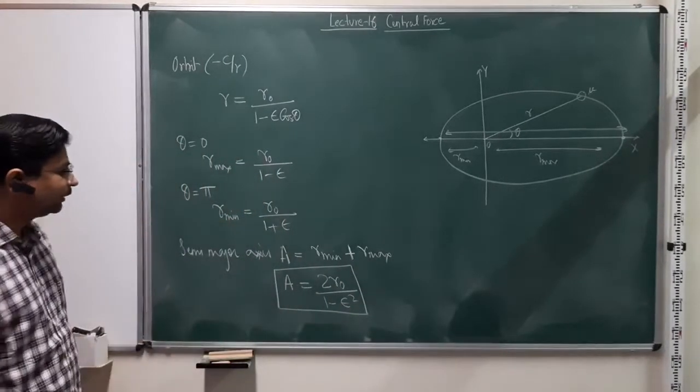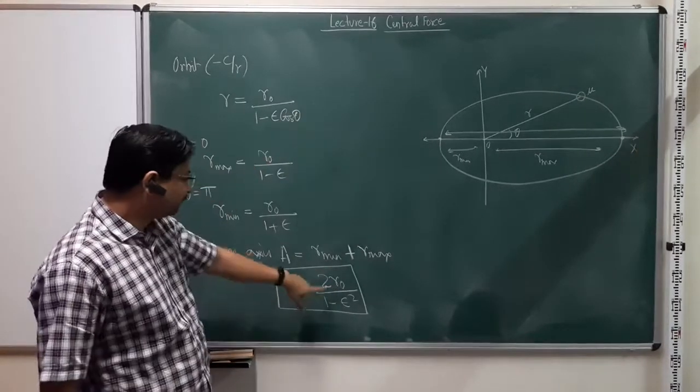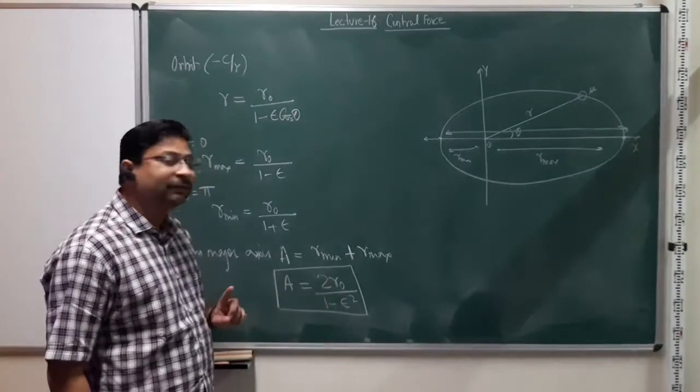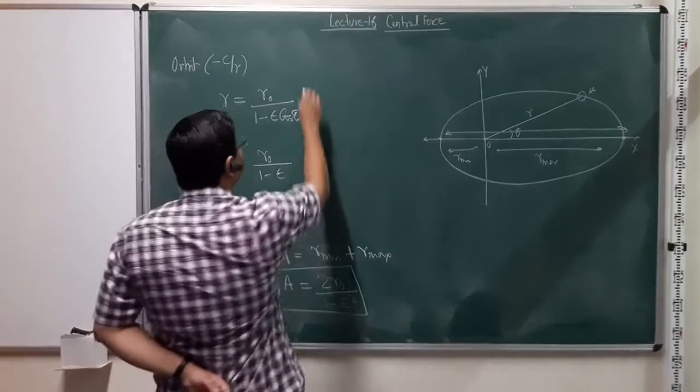What we can do is put back our expressions for r0 and epsilon, which were in terms of the total energy of the system E and the angular momentum L, to get a value for A.